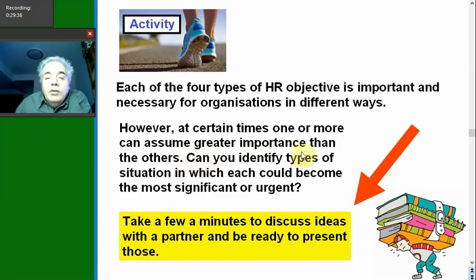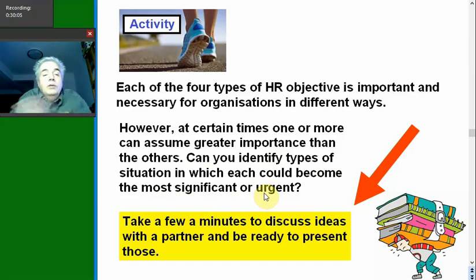So can you identify types of situation which could become most significant or urgent? I just gave you an example for the human resources administration objectives: in the case of firing employees, they have to be ready in case they sue the company. So take a few minutes to discuss ideas with a partner, and be ready to present those.